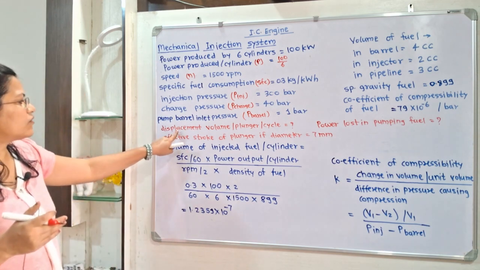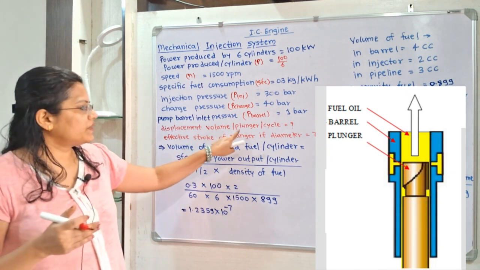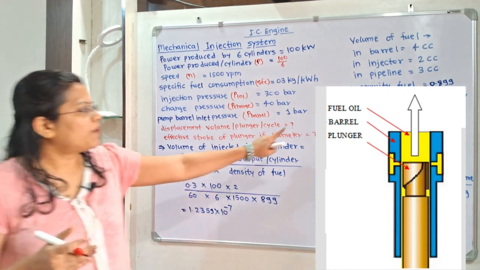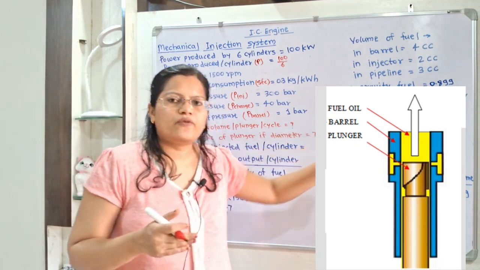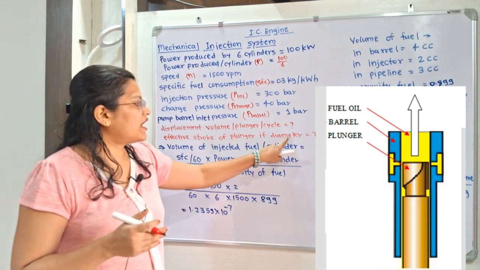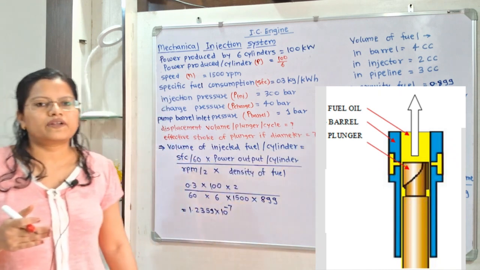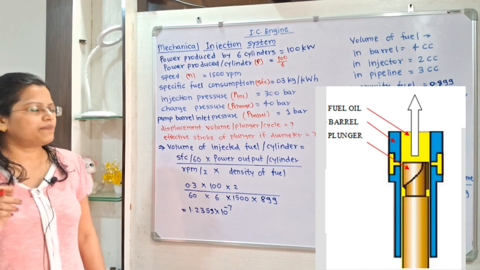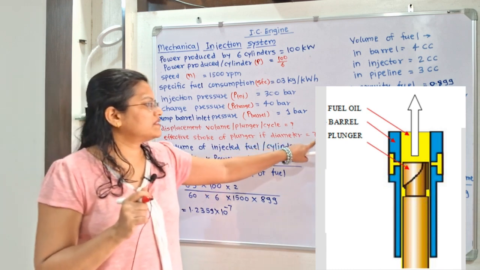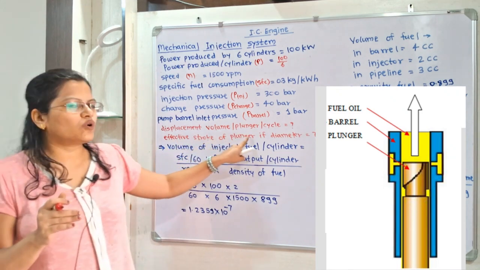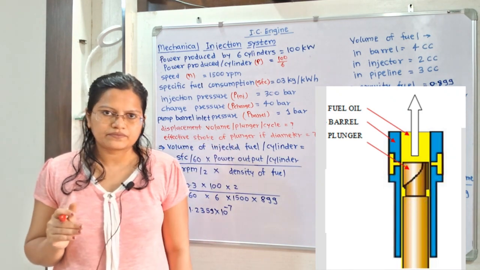We have to calculate displacement volume per plunger per cycle, then power lost in pumping fuel, and effective stroke of plunger if diameter is equal to 7 millimeter. This plunger is circular in shape and its diameter is given as 7 millimeter, and we have to find out the effective stroke of the plunger.